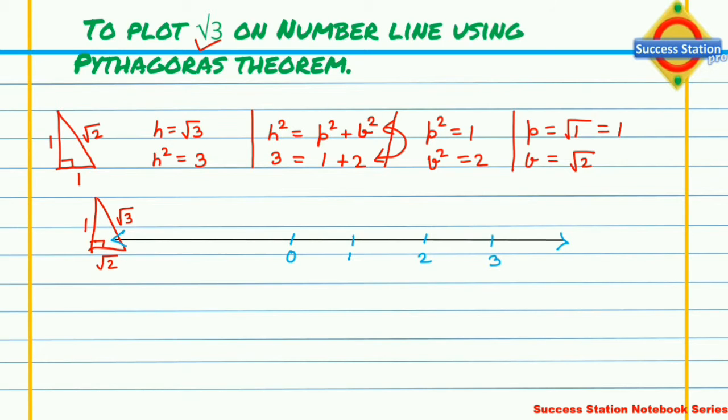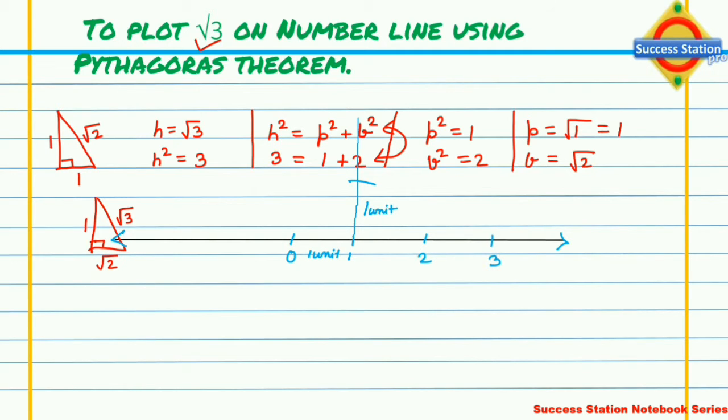So for plotting root 3, first you need to plot root 2. So we go back to our original method of plotting. We draw a perpendicular over here, right? This was 1, right? We again cut 1 over here, 1 unit, and this is also 1 unit.